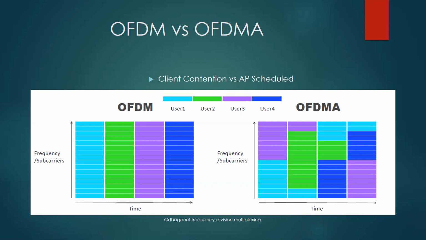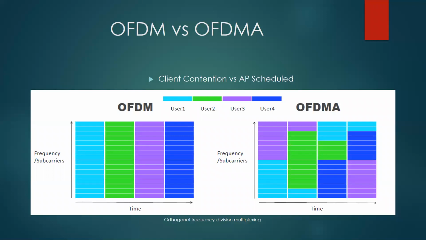Now with OFDMA, the AP is able to break those up far more efficiently, and will assign them based on the data that the client is requesting. Like someone requesting an IM chat, the AP will give them a tiny bit of data because that's all they need for that chat to come through, whereas someone requesting a bigger file will get a much bigger chunk. So it tries to schedule and be as efficient as possible.